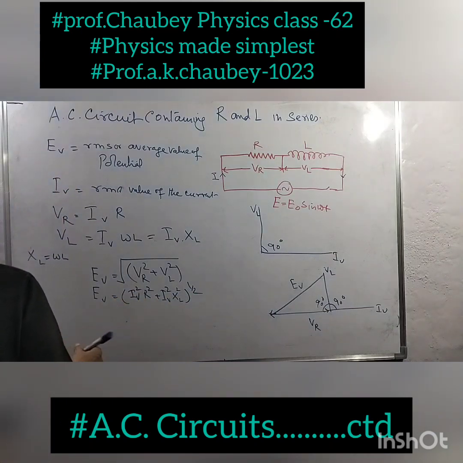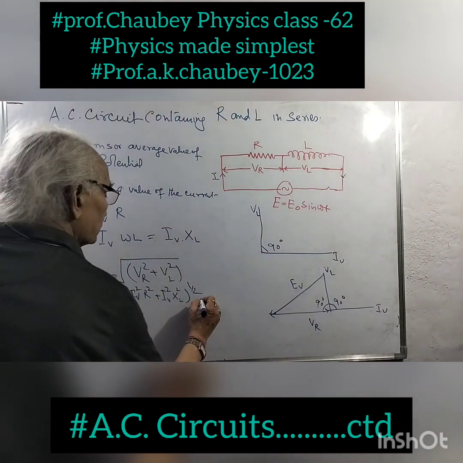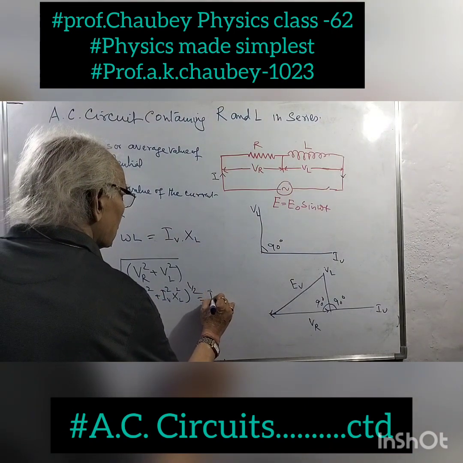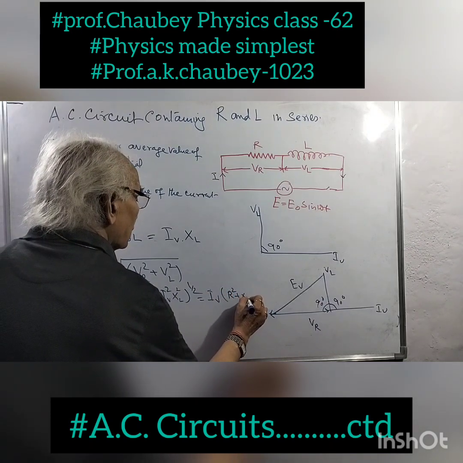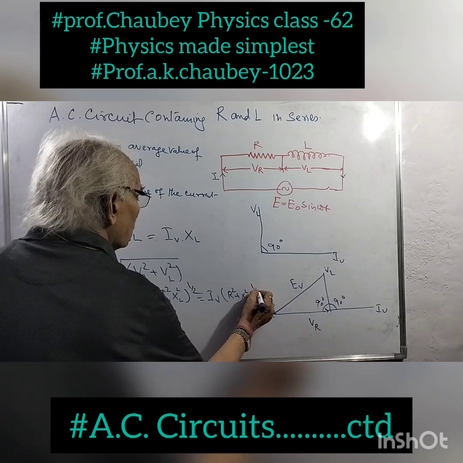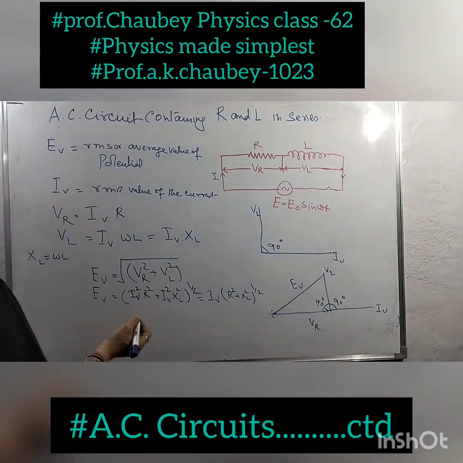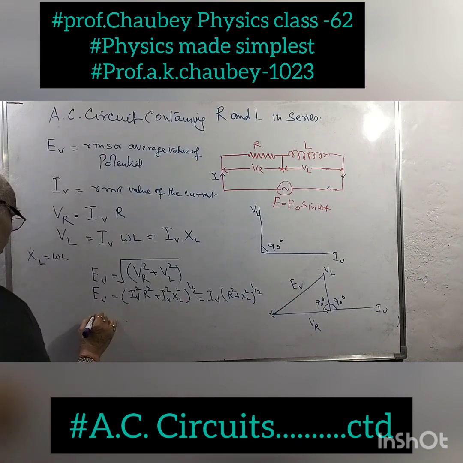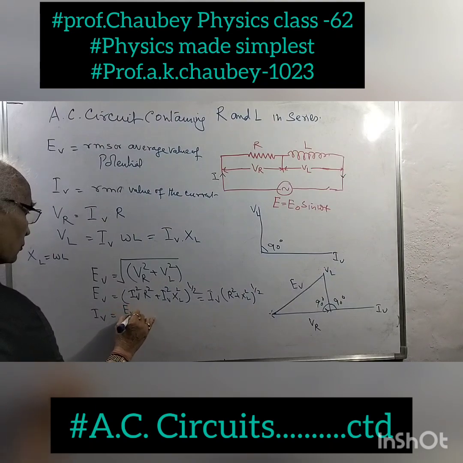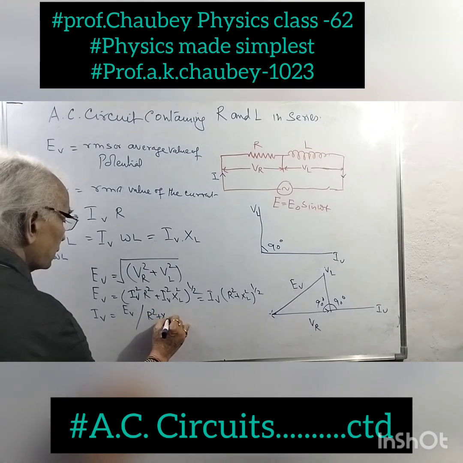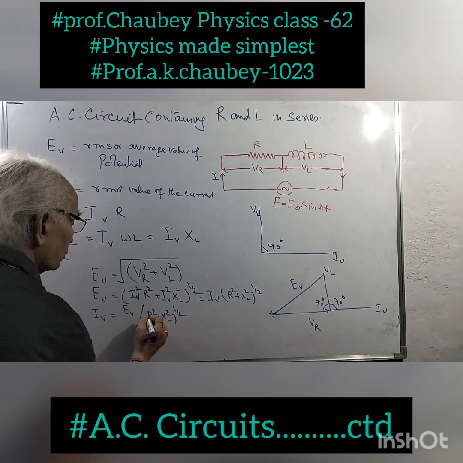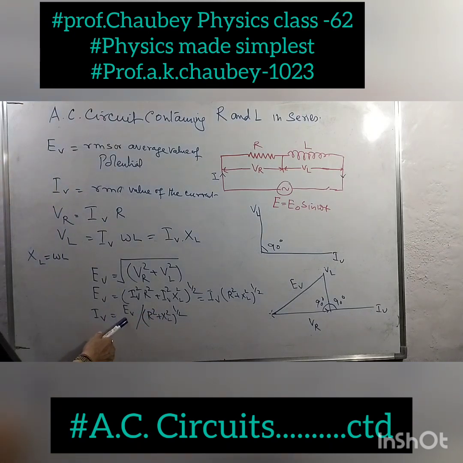This means you can take IB outside, so it is IB times the square root of R square plus XL square. So EB over IB, or IB is equal to EB over the square root of R square plus XL square. So current is potential divided by this.